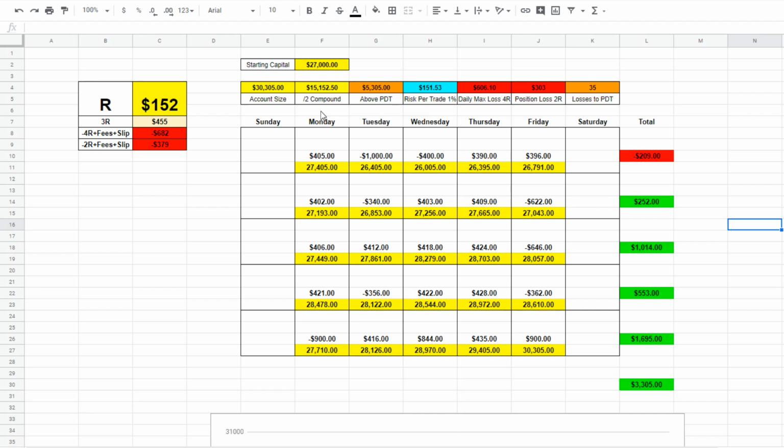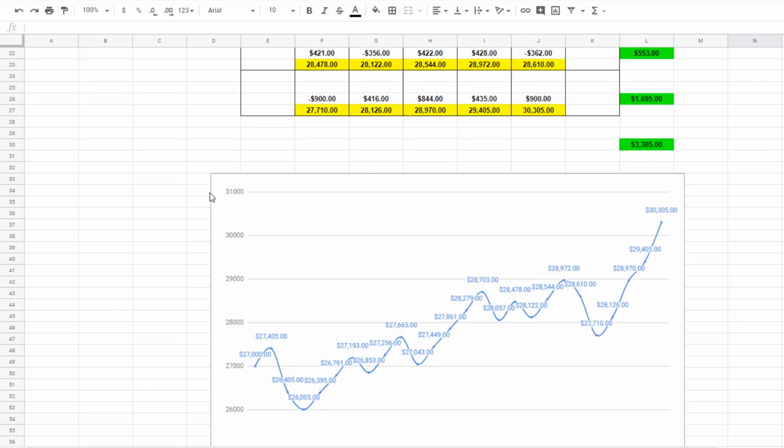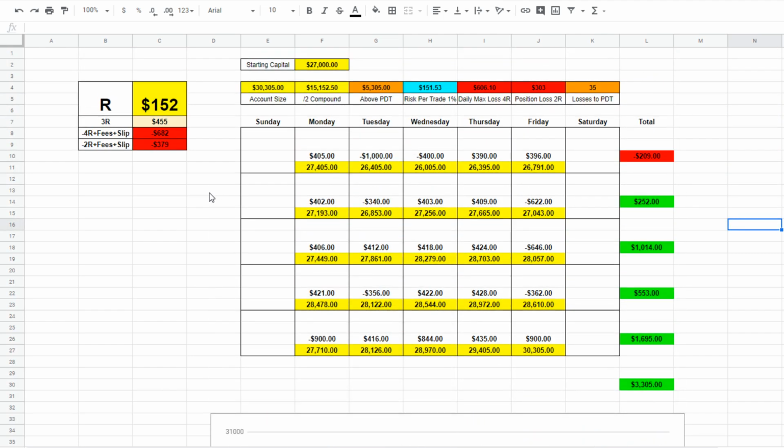And so this is a way that you can safely grow your account and also use the power of compounding in your favor, because you can see that when we started winning at the beginning of the month, we were making $405 per 3R. And then towards the end of the month now, we're making $455.